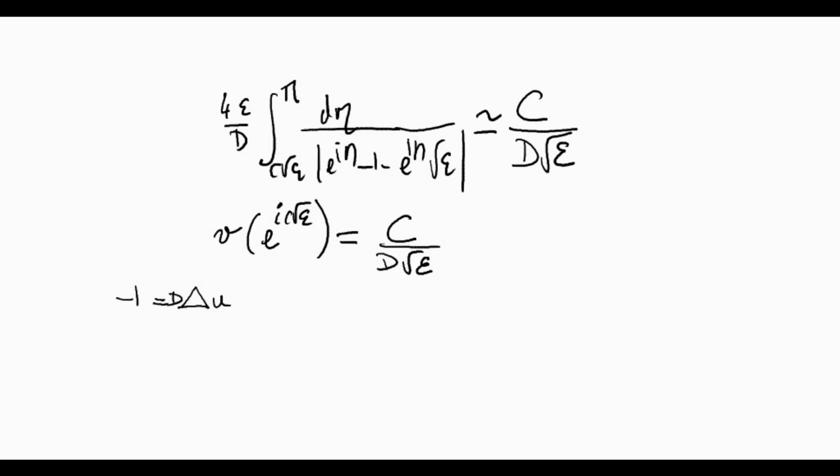If we integrate this over the initial domain, we get minus the volume of the domain equals d Laplacian u, which can be transformed using the Green's function as integral of du dn over the absorbing boundary dl.